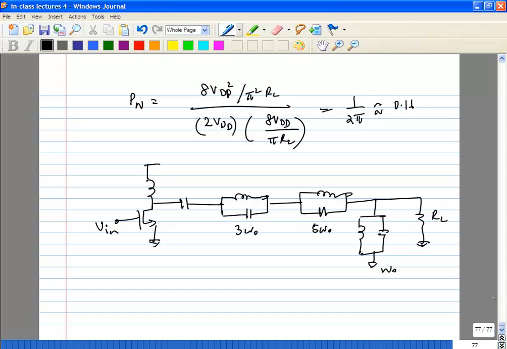You can tune these to 3 omega naught and 5 omega naught, so that those will be the major components.